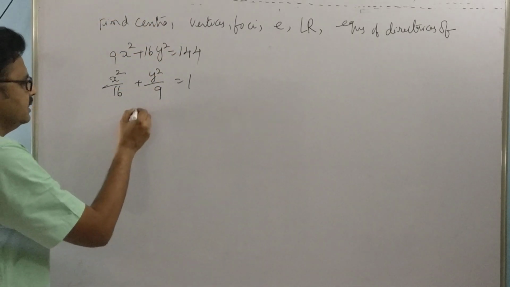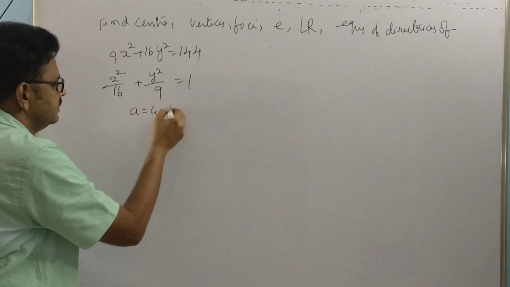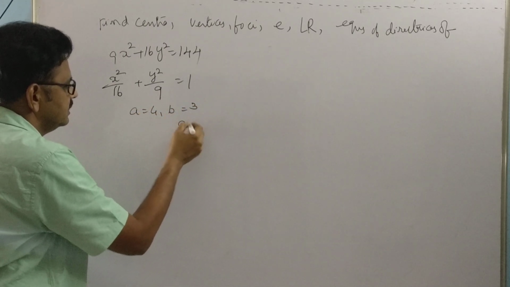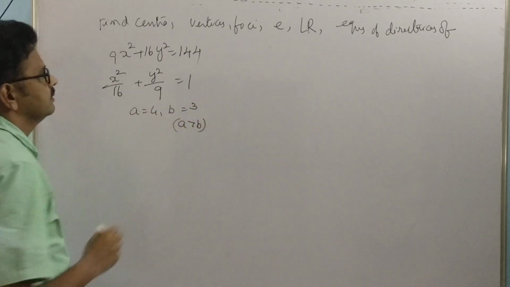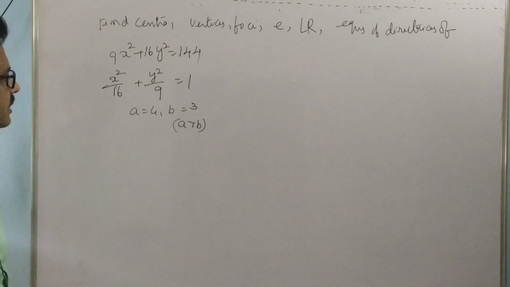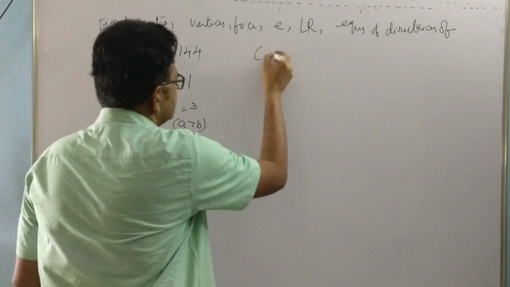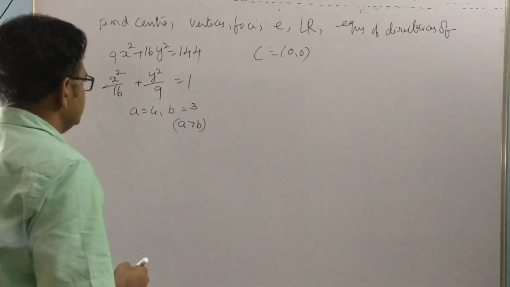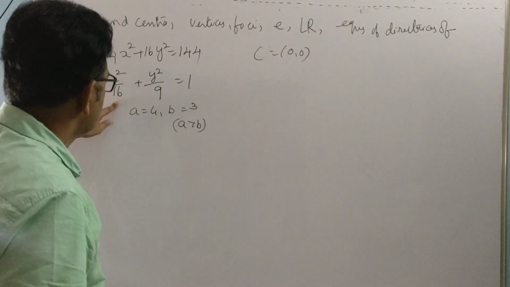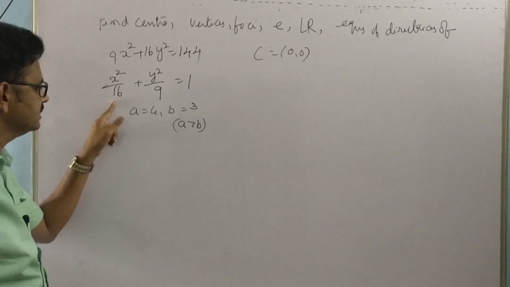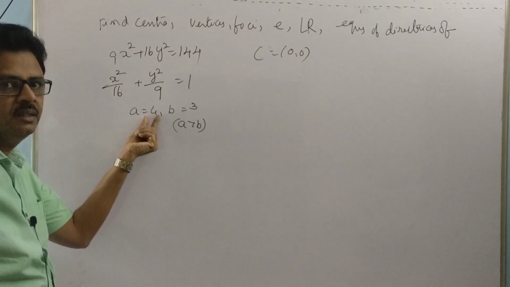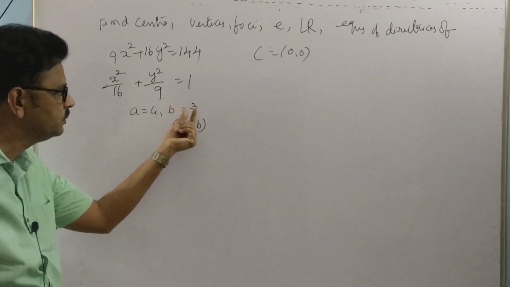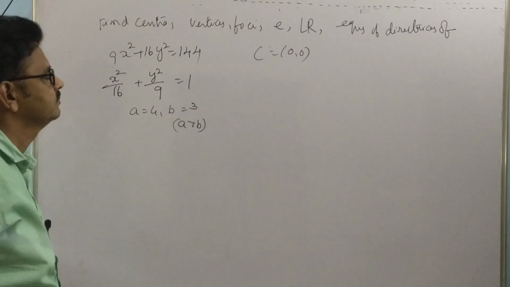Here a is equal to 4, b equal to 3. Here a is greater than b. So the center is 0, 0. Length of major axis 2a is 8. Length of minor axis is 2b, that is 6.